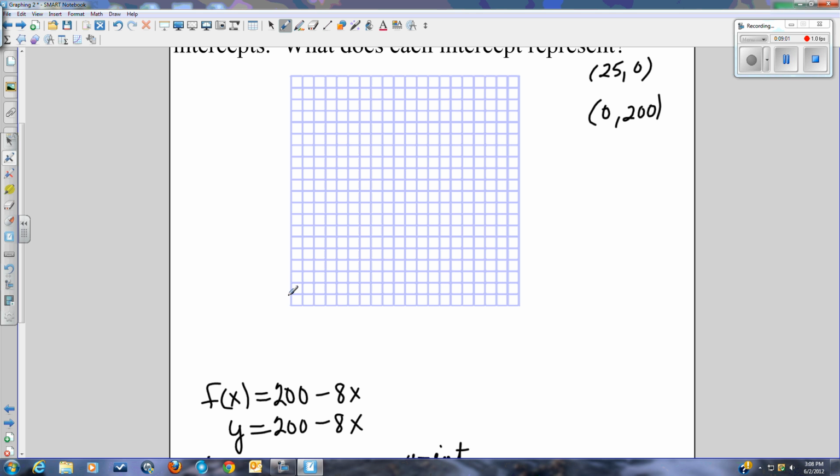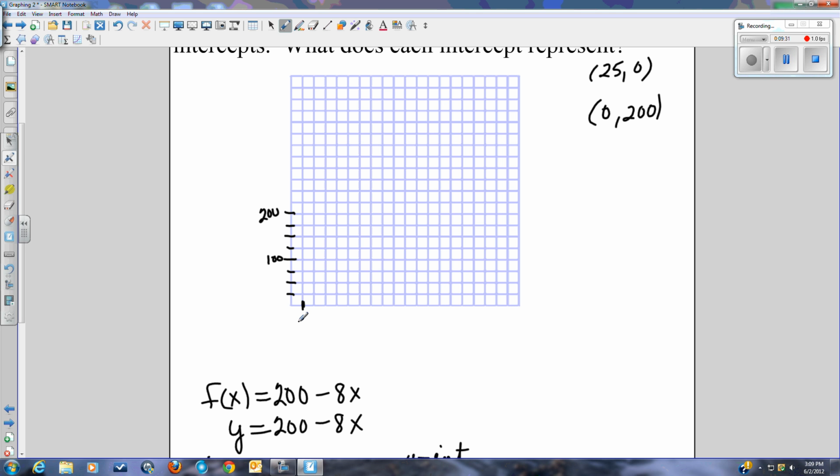So there'd be 25, 50, 75, 100, and then 125, 150, 175, 200, and so forth. You may choose a different scale if you wish. That's fine.